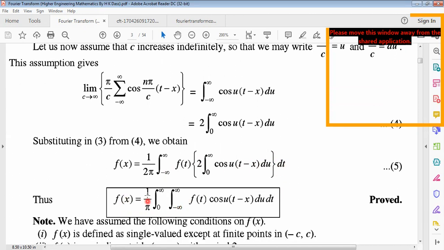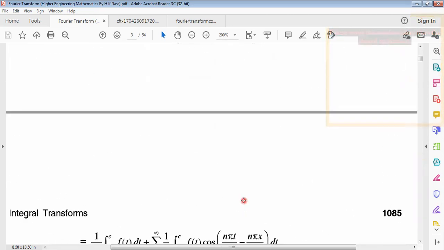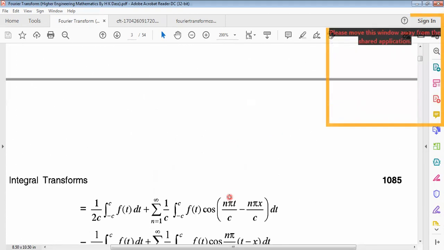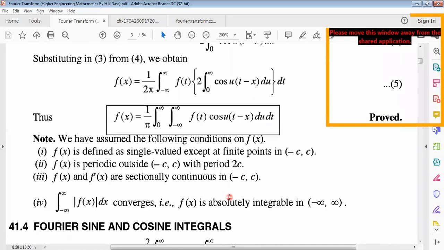That means f of x equals 1 by pi, 2 cancels, integral from 0 to infinity, integral from minus infinity to plus infinity of f of t cos u (t minus x) du dt. This is actually our required statement of Fourier integral theorem. A little bit large, but if you do practice, I hope everybody can do this.